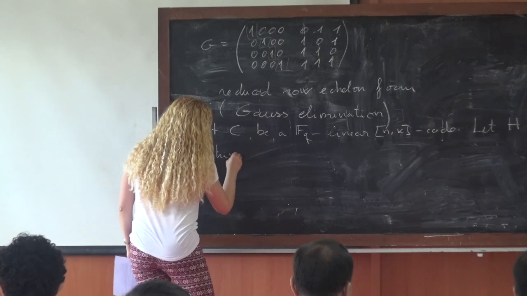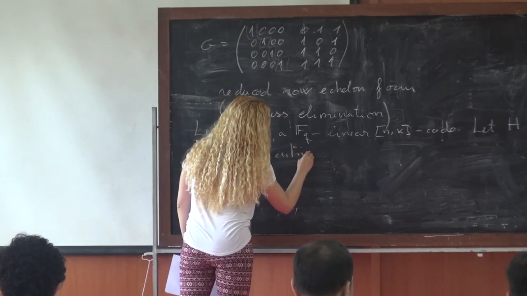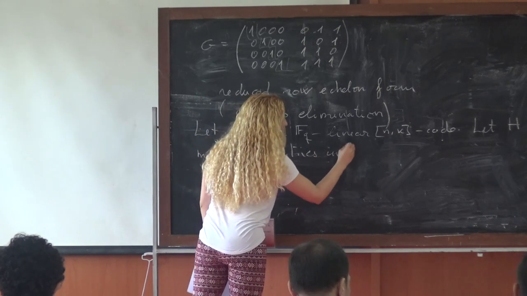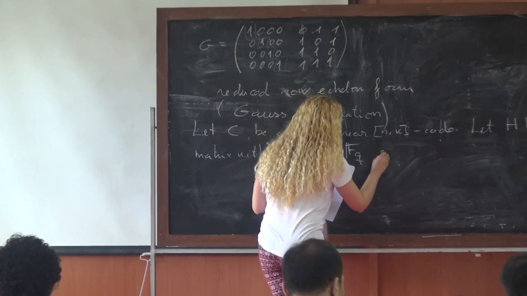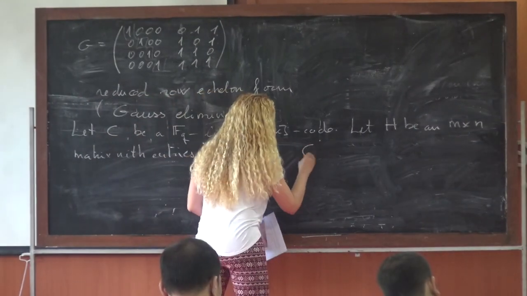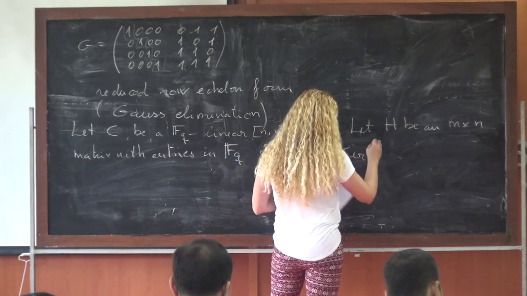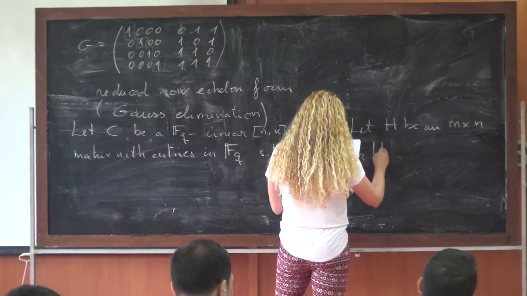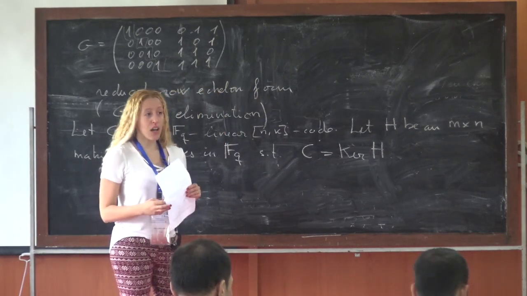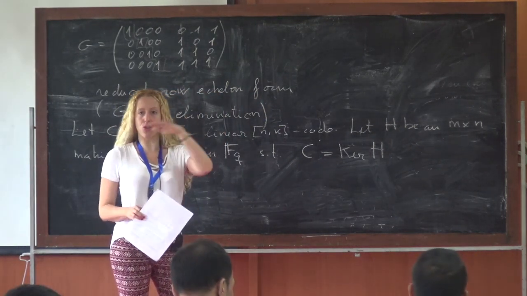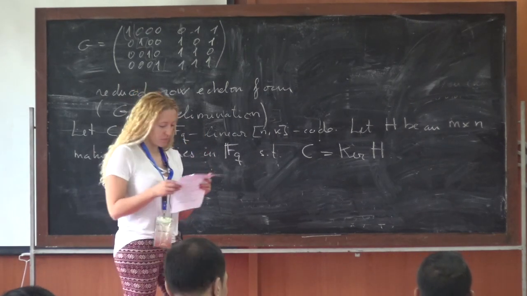A matrix with entries in F_q again, such that C is actually the kernel of the matrix. Okay? So somehow if you want, the rows of H are the equations that are satisfied by C.